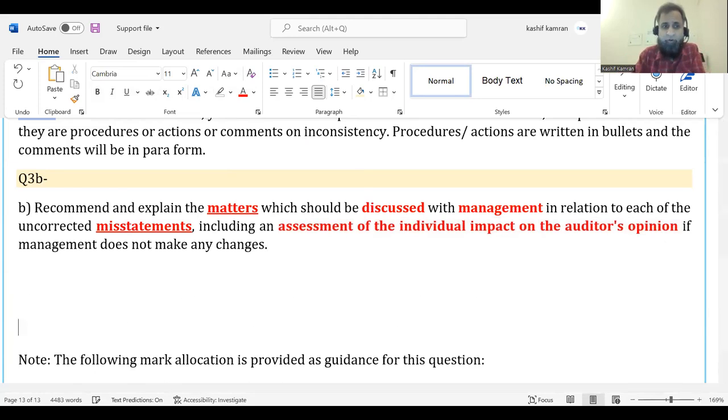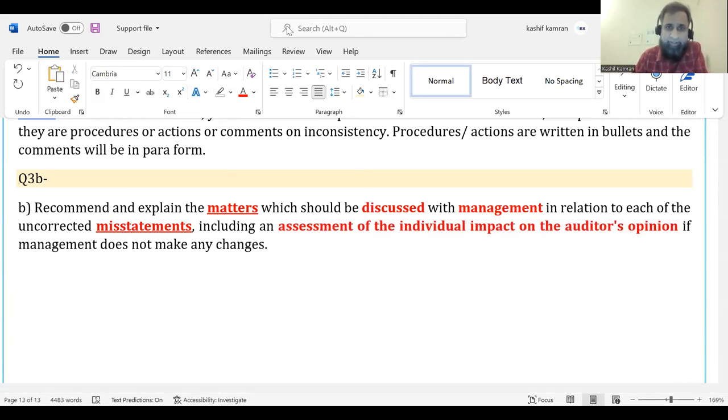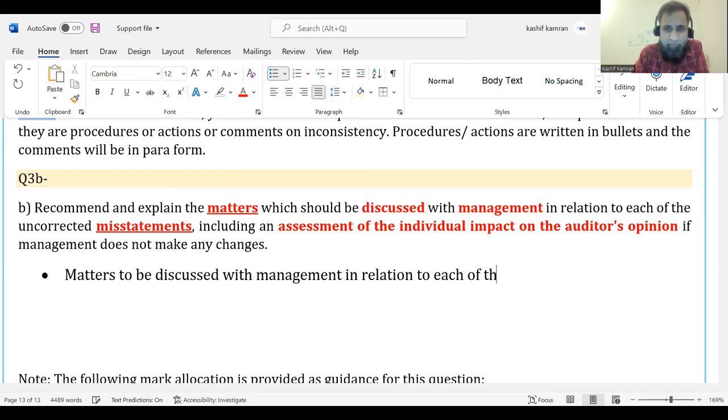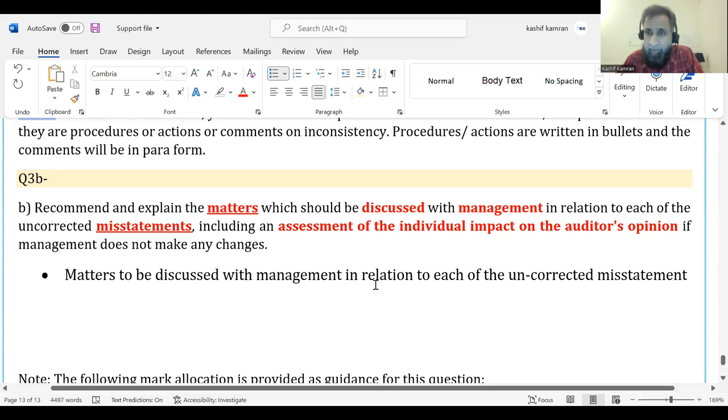So what is the question asking for? The question is asking for, number one, matters to be discussed with management in relation to each of the uncorrected misstatement. Now, misstatement means an accounting issue, true, false.